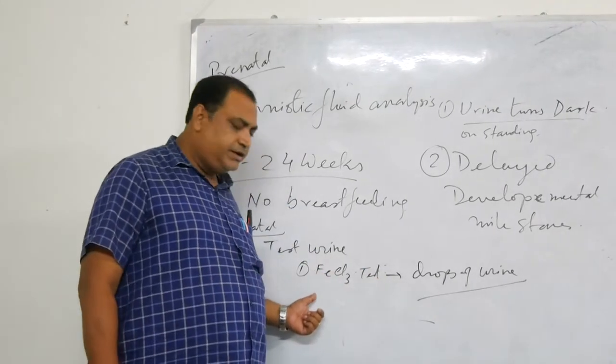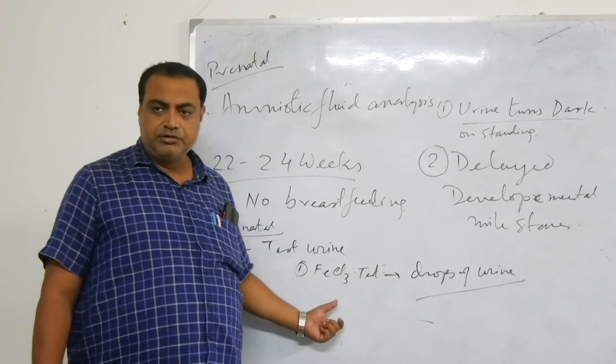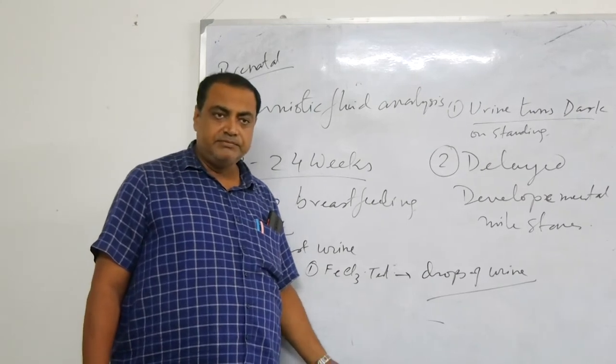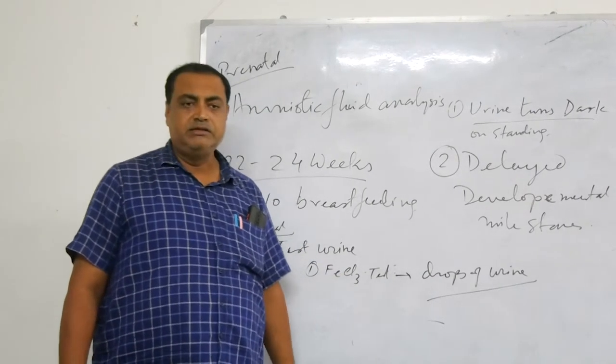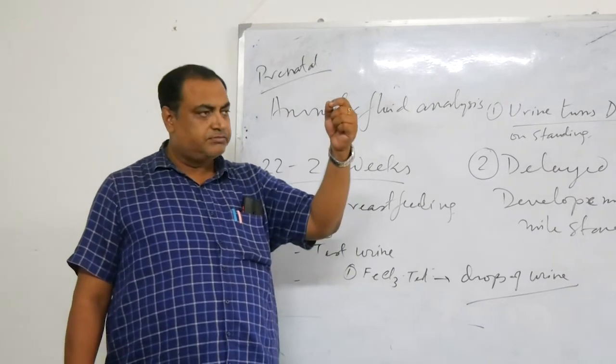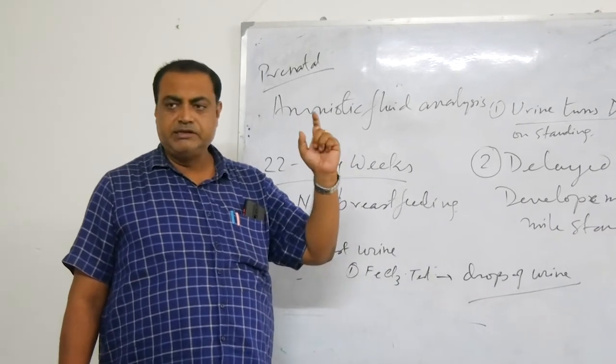When ferric chloride is reduced, it forms ferrous chloride. The color changes from yellow to green. You perceive the color change as transient: it will change to green and then disappear.